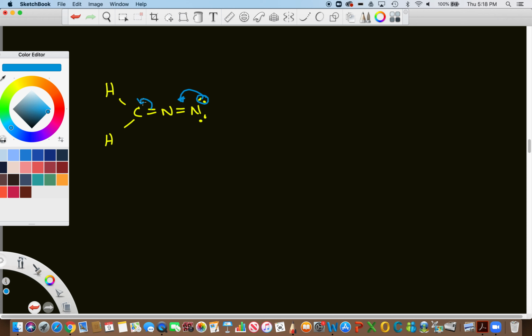So these electrons can just go to the carbon. And by the way, this nitrogen is going to be positive. And it is positive here also.